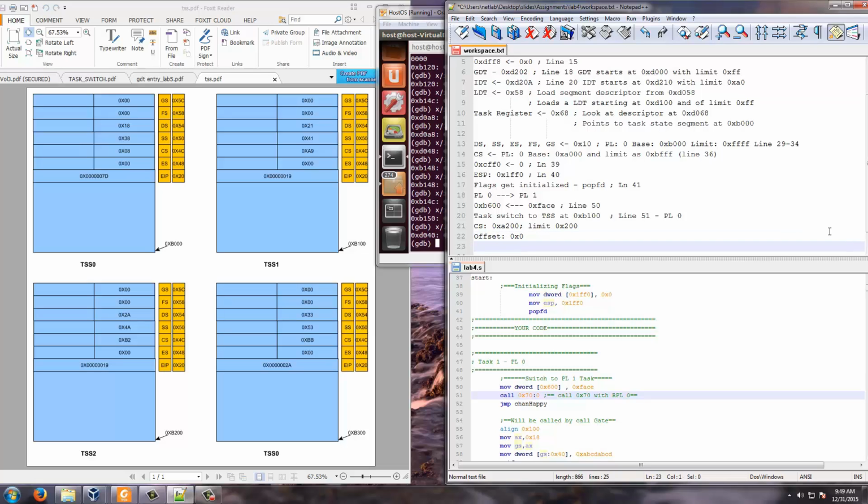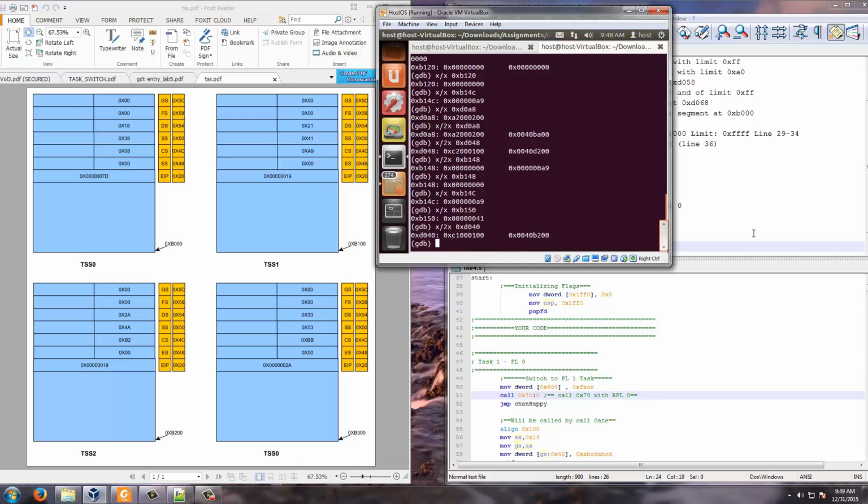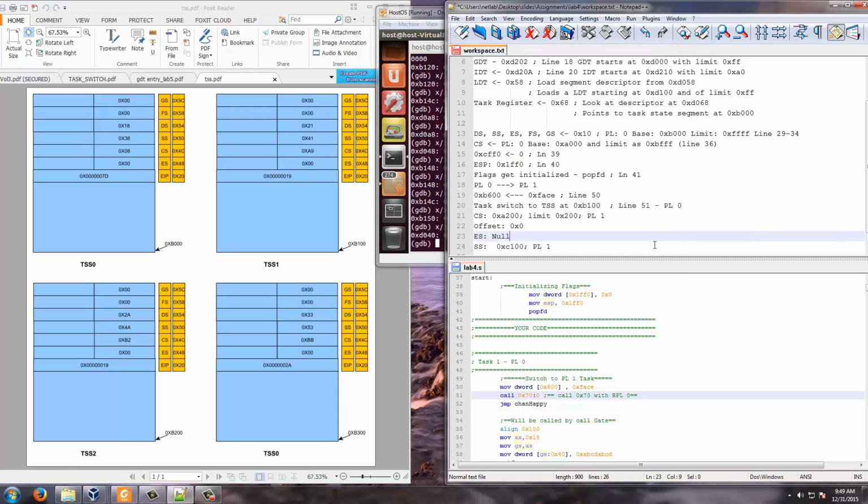My starting offset is 0. My ES is a null descriptor. My SS is the segment starting at C100, PL1, and its limit is 100.